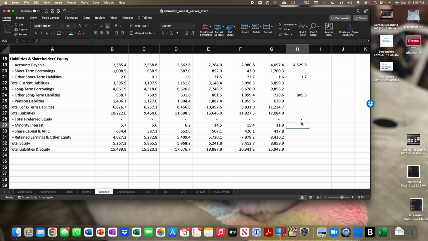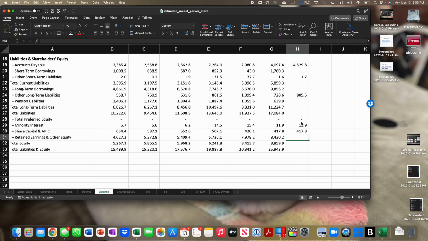Minority interest equals the previous year. If they had minority interest in the past on the balance sheet, we leave that alone. We don't pay it off, we don't increase it. Share capital and paid-in capital, that's APIC, equals the previous year. We're not issuing stock, so we're leaving that alone. We're not buying back stock. That's why there's no treasury on here. Okay, we're leaving the stock alone.